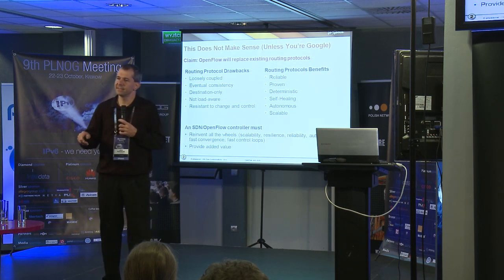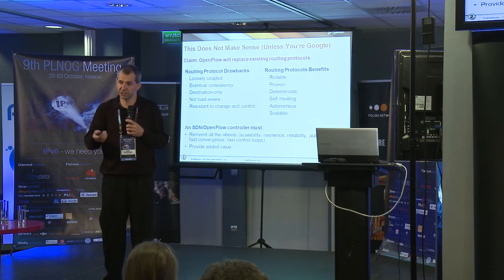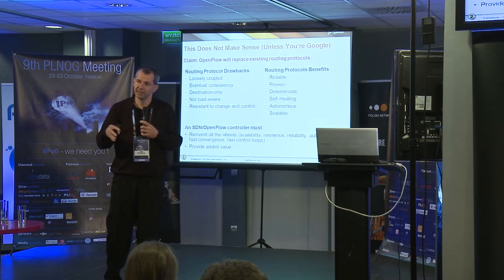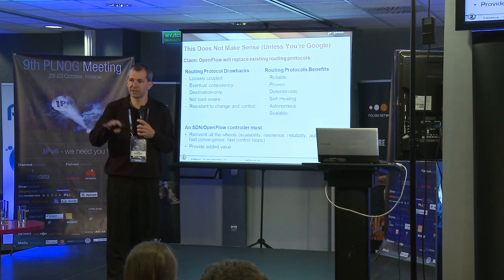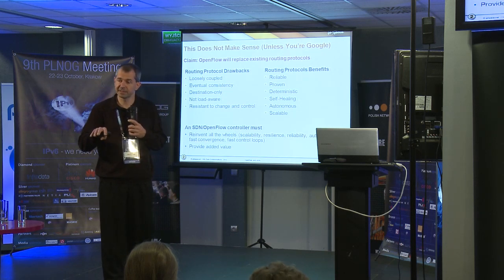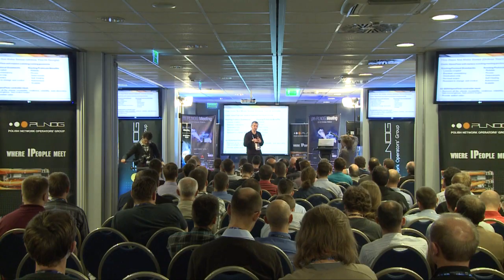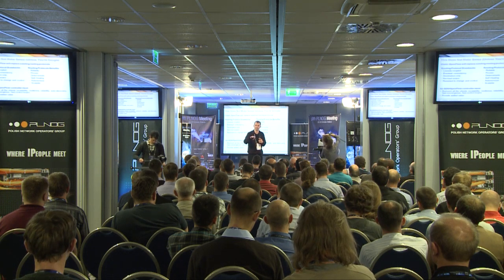And what they have is a bunch of 10 gig switches in each data center at the edge, and they have OpenFlow controllers in redundant configuration controlling those switches. That makes perfect sense because the switches and the controllers are adjacent. They're very close to each other, and each controller only controls a few switches.